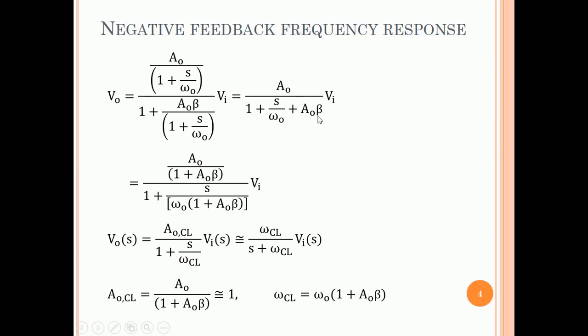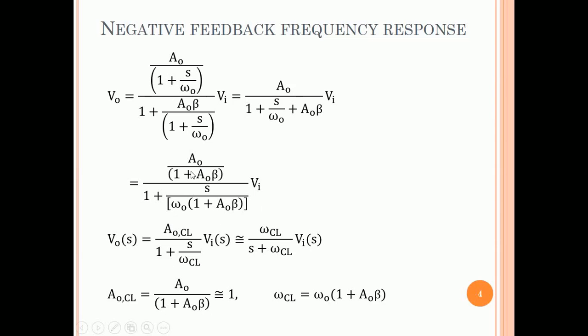Then we take 1 plus A0 beta out, so we get A0 over 1 plus A0 beta, divided by 1 plus S divided by omega 0 into 1 plus A0 beta. So this is again of the form some A divided by 1 plus S by some omega. This of course is the low frequency closed loop gain, A0 over 1 plus A0 beta, and this is the closed loop bandwidth.